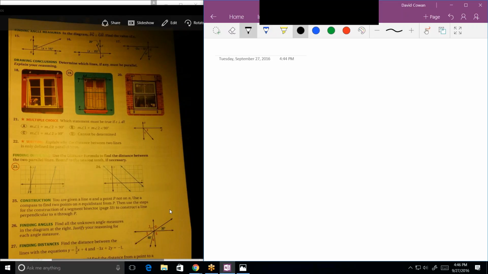Find all of the unknown angles in the diagram. Justify your reasoning for all. Where do we start on 26? Which piece of information are they giving us that's the most important?